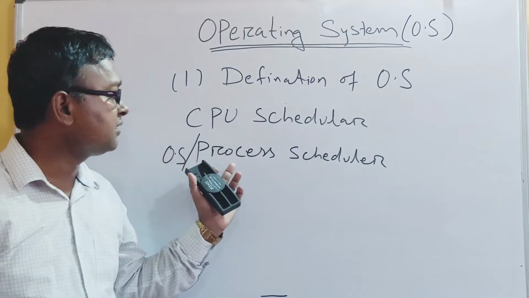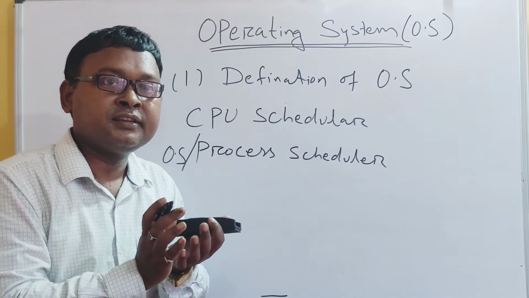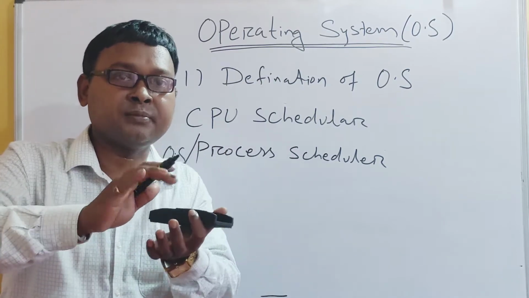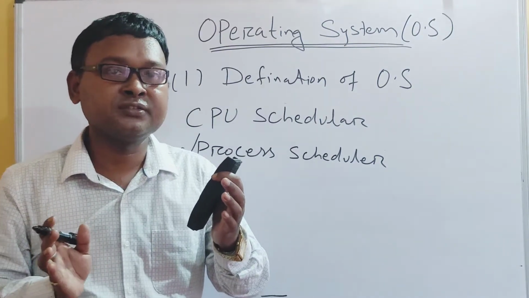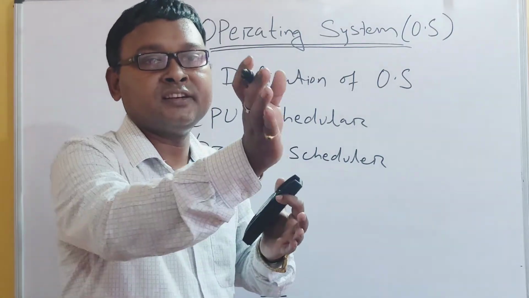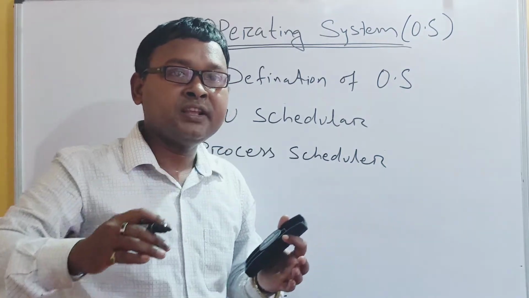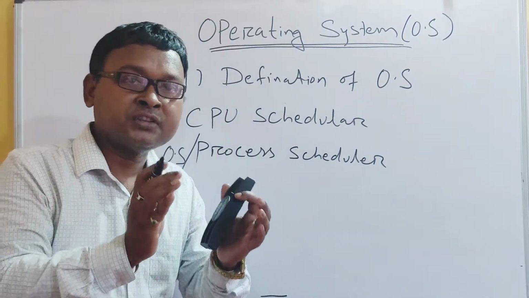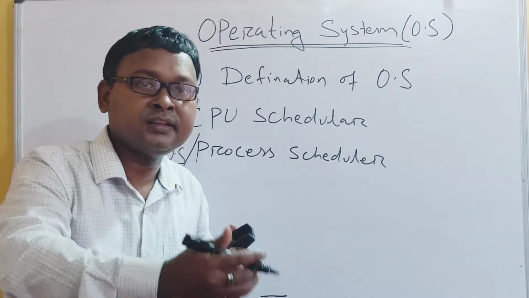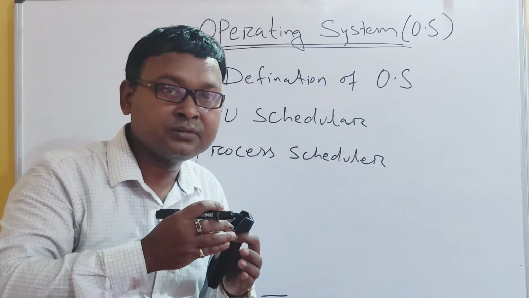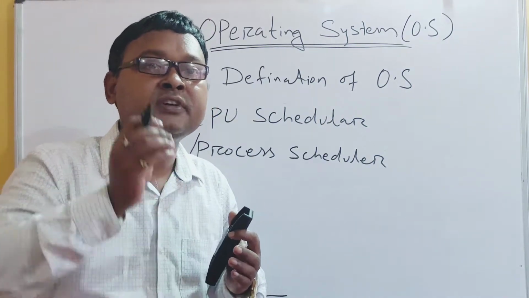The operating system or process scheduler is responsible for taking or scheduling the jobs outside the processor, in the primary memory. As the processes come to the primary memory and enter the processor for execution, how the processes or jobs are placed in the primary memory so that a particular job goes to the processor for execution.